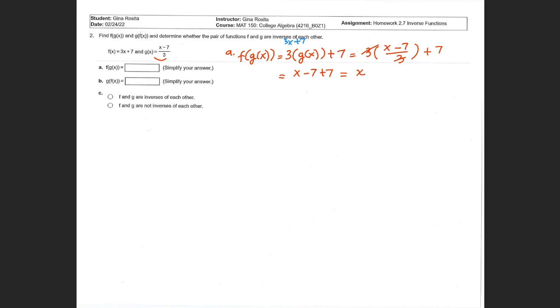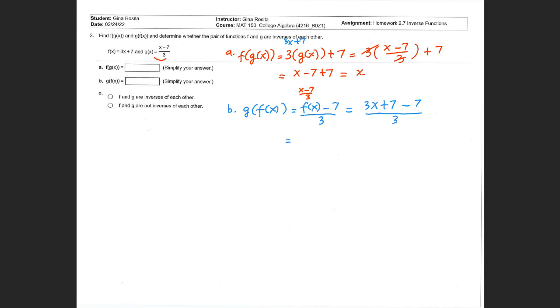Now B. g of f of x. So look at the question for g of x. I just put on the top small, x minus 7 over 3. Okay. Now you just replace x with f of x. I put f of x minus 7 over 3. Okay, replace f of x with 3x plus 7. Okay, this is f of x, minus 7, don't forget, over 3.